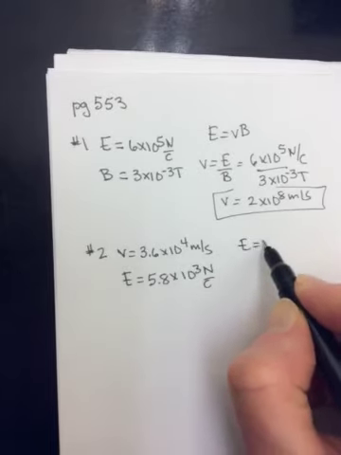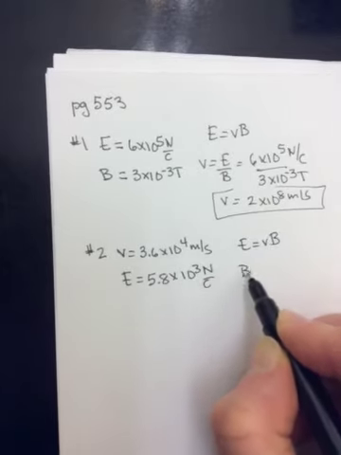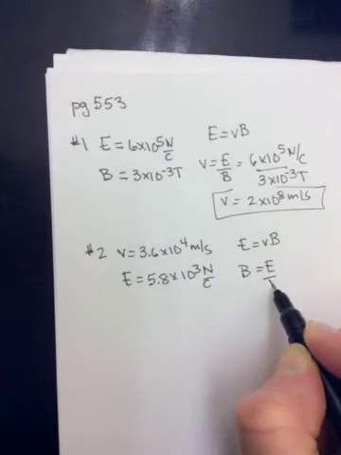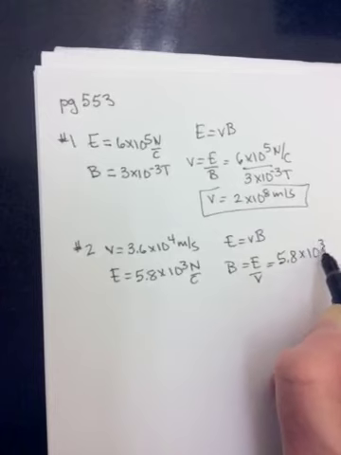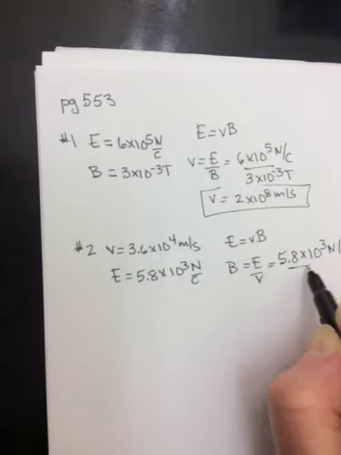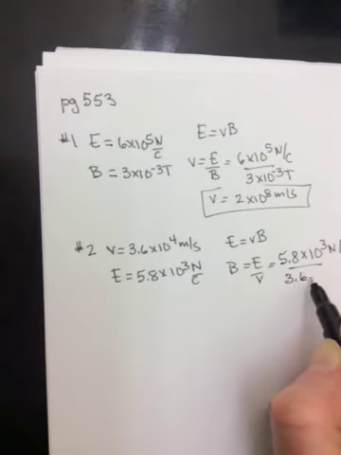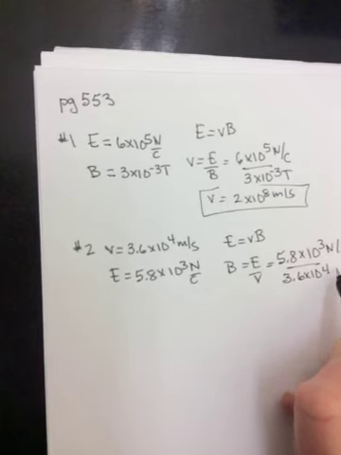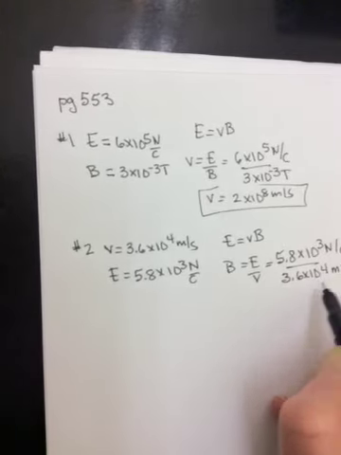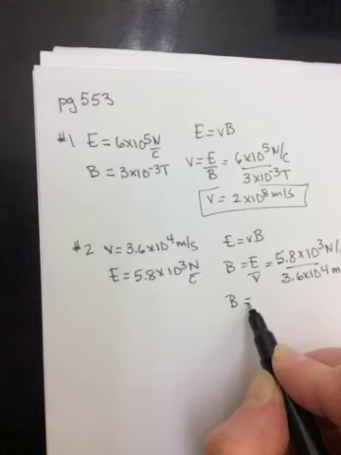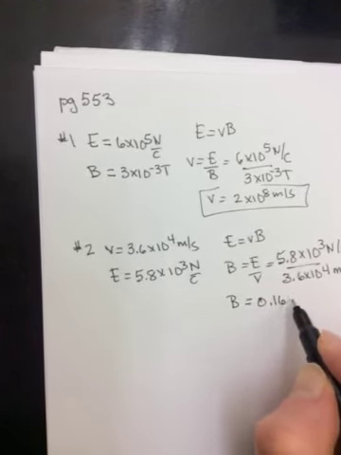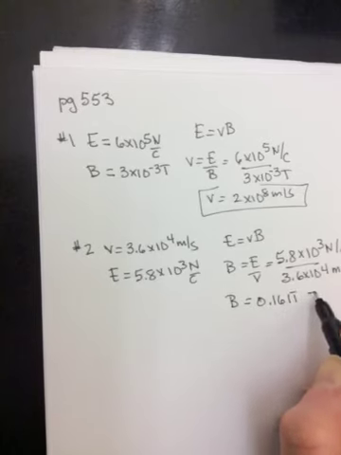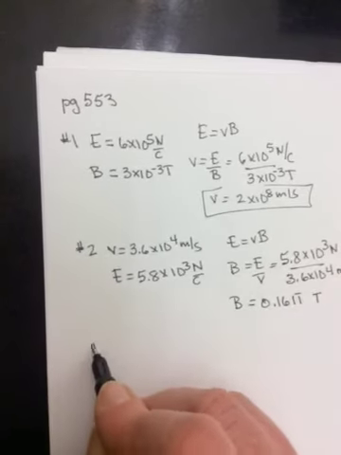So this time you want B. So B is equal to E divided by V. So 5.8 times 10 to the 3rd newtons per coulomb divided by 3.6 times 10 to the 4th meters per second gives you a magnetic field strength of 0.1611 with the ones repeating, Teslas.